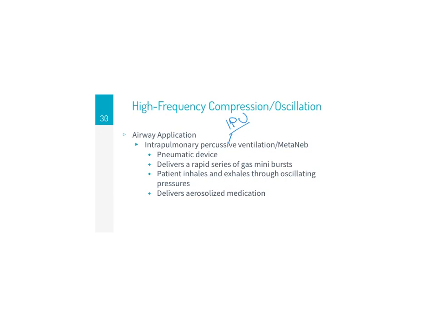It was more commonly used at Children's University. You can put both of these in line with the vent. They're both pneumatic devices and they deliver little bursts of gas. And that's going to create the compression and oscillation as they exhale through that pressure resistance. And it can also deliver aerosolized medication.